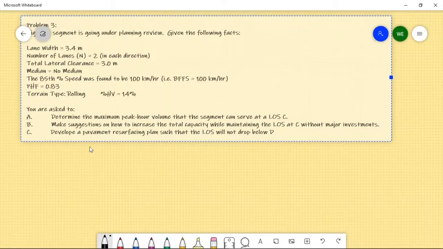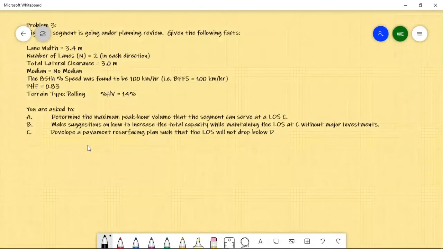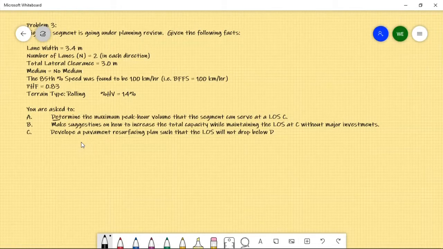Okay. So first of all, what is asked here is to determine the maximum peak hour volume. So let's calculate first of all at level of service C.